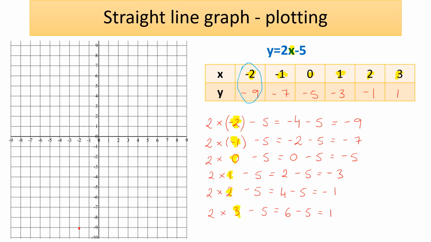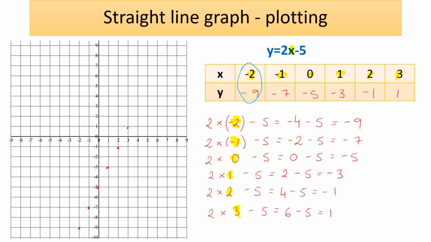Then -1, -7, right here, then 0, -5, 1, -3, 2, -1, and 3, 1. As you can see, the points are lining up, and all you need to do now is just join them with a straight line.